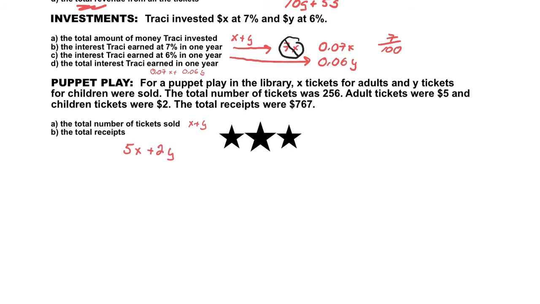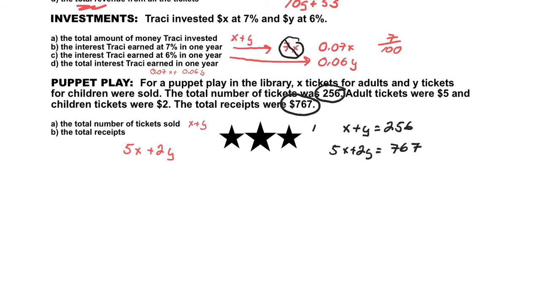However, with the information that we have, the total number of tickets was 256. So the equation that would represent that would be X plus Y equals 256. And the equation that would represent the total receipts along with its value would be 5x plus 2y equals 767.